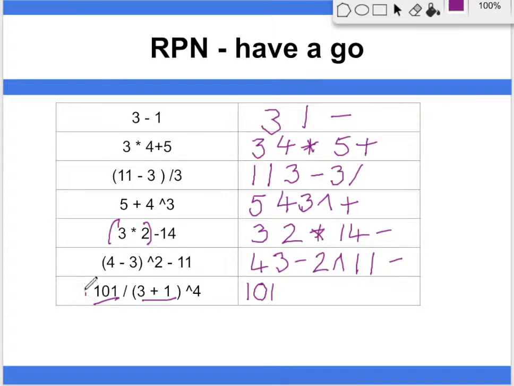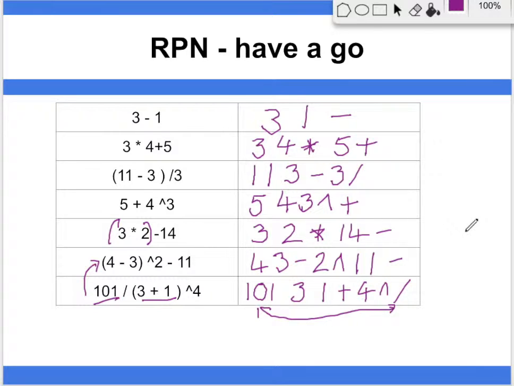That's a bit like this example just here in some ways. So it's going to be 101, 3, 1, plus, and then raised to the power of 4, and then we're going to divide the whole thing afterwards, which is this bit here, which links in with the 101 and divides it in that sense.